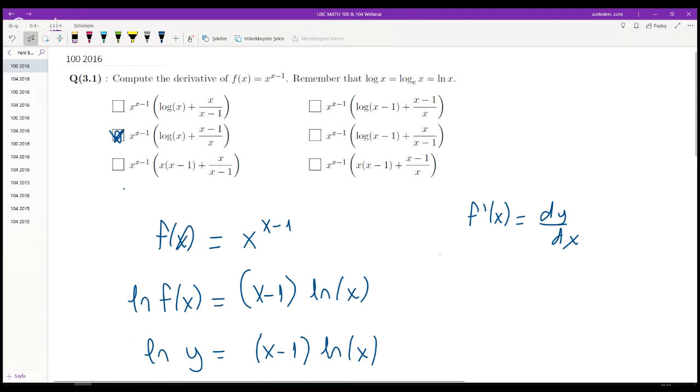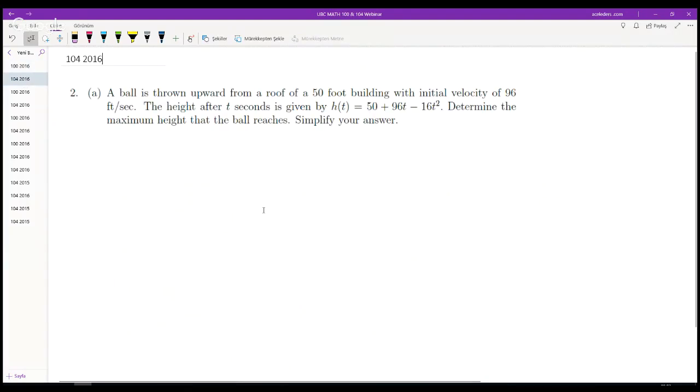Because I prepared past exam questions from both courses, if everyone is from, let's say, 104, I can do more questions from that course. So please write through the chat panel.